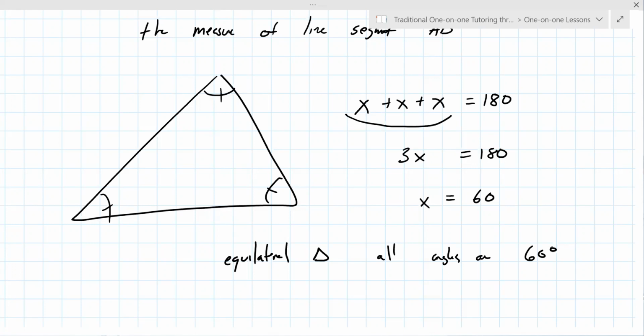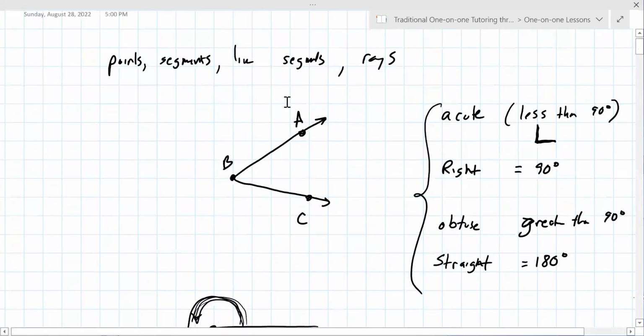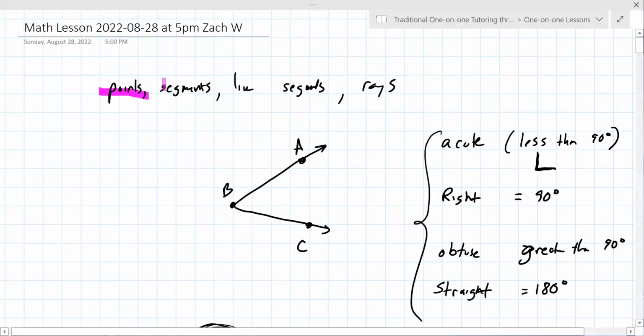Okay, so should I start memorizing all the different types of triangles and their measurements? All the keywords, which I can do. I can go back and maybe highlight the words that were most important today. I think I've written down most of them too: complementary angles, supplementary angles, the measure of angle FEG and the measure of line segment AB.